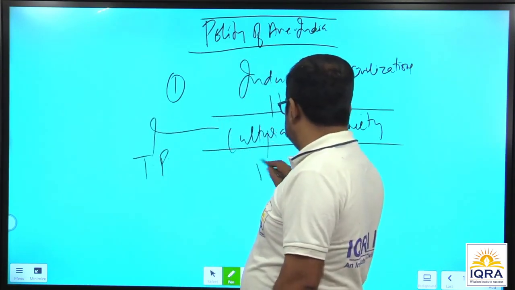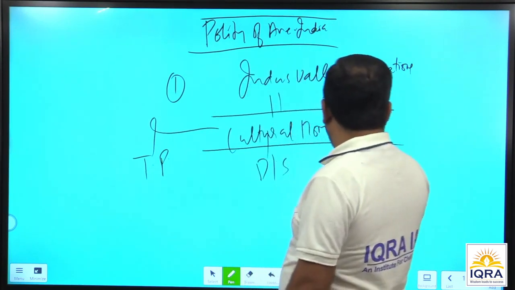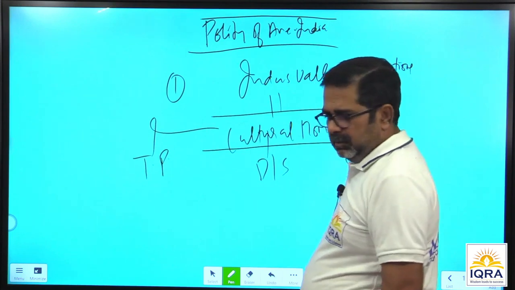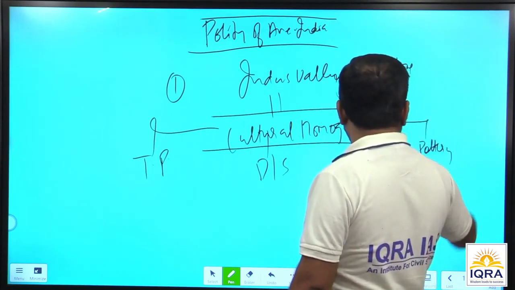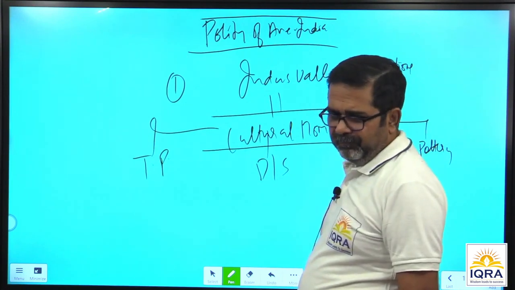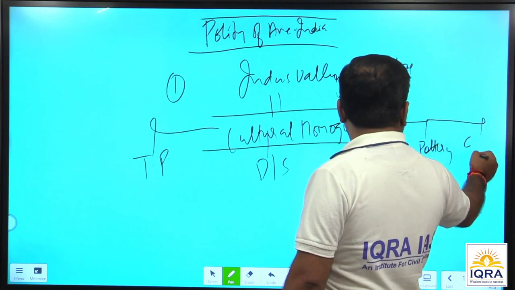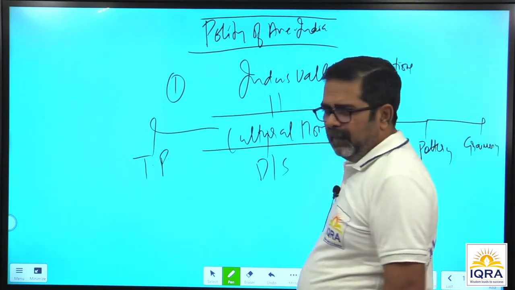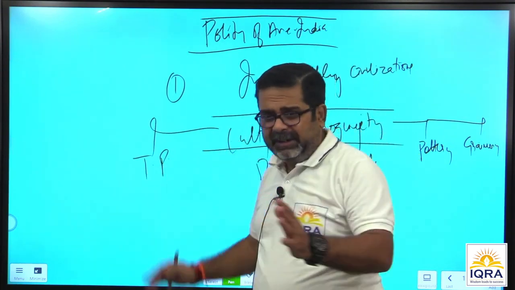drainage system, seals, pottery, granary, and cultural homogeneity.